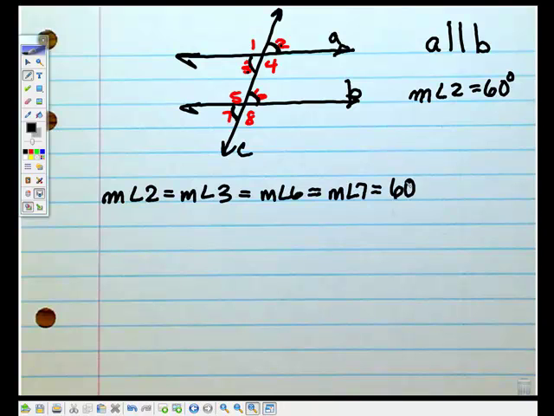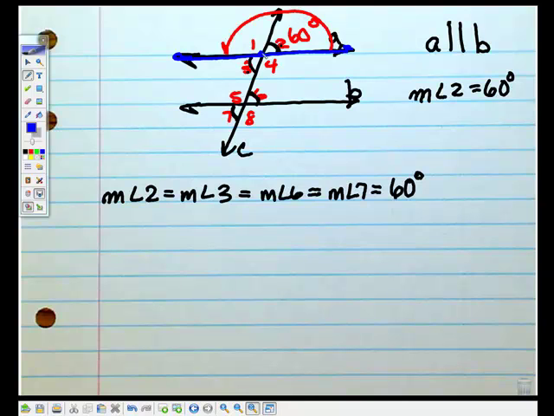Now, is there a way that we could come up with how big the other angles are? Well, we know that this is 60 degrees over here. From the day before, lesson 5.1, what kind of angle is this that forms this straight line? I hope you recognize that a straight line has to be 180 degrees.